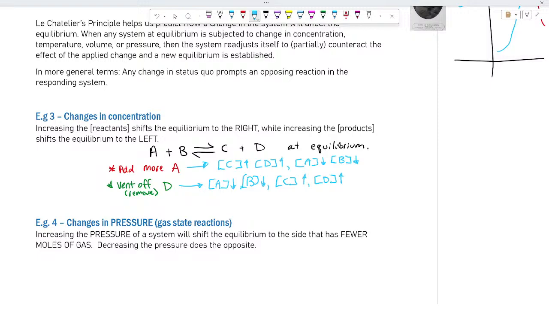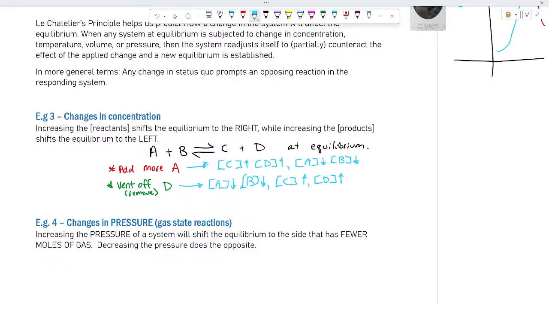We made it go down. The equilibrium will respond by making it go back up. Whatever change you introduce, the equilibrium will tend to shift such that that change is counteracted, right? It's a negative feedback system.